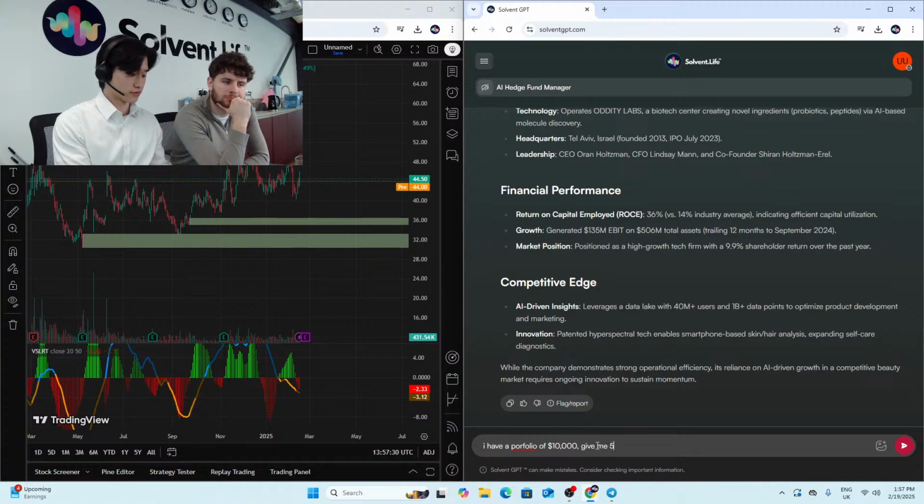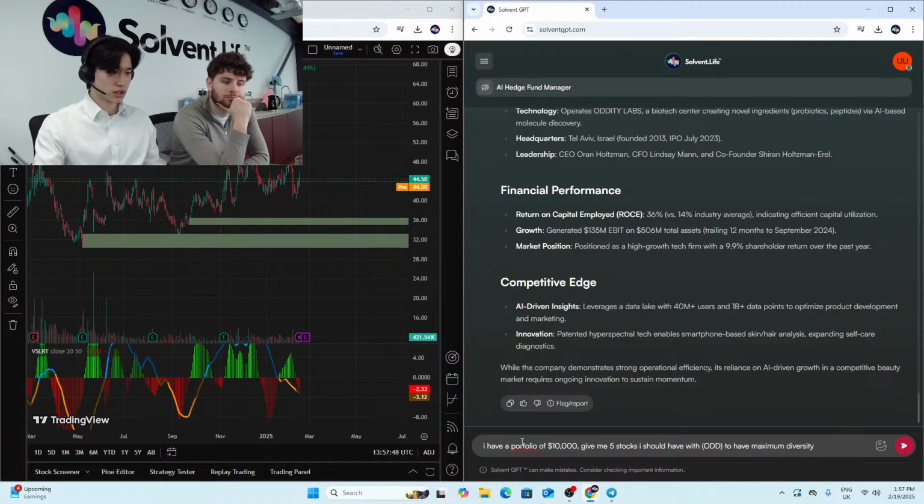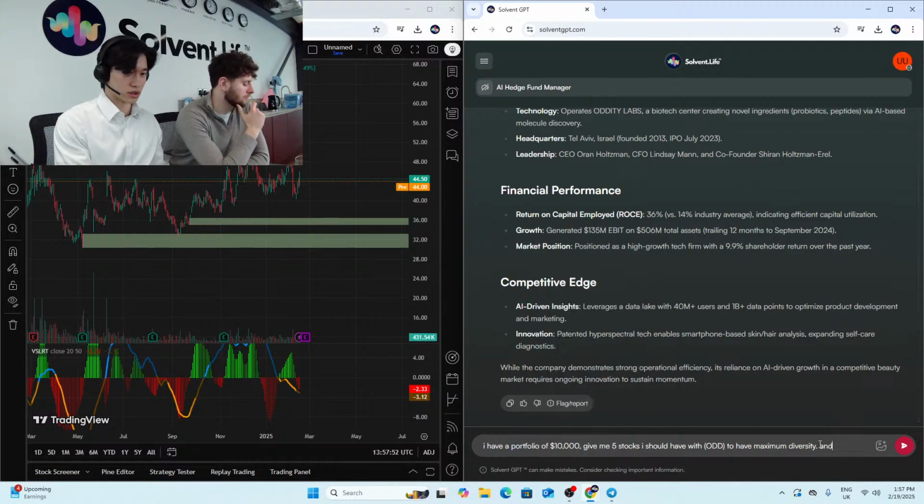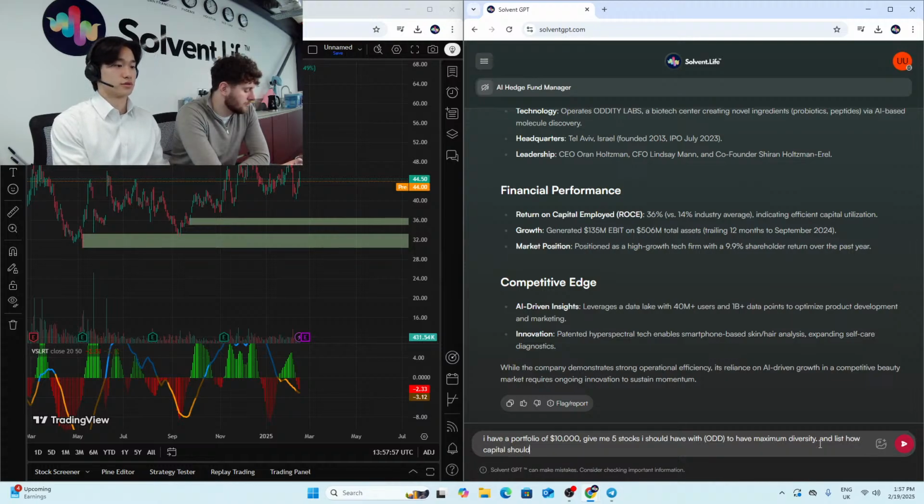Give me 5 stocks I should have with Oddity to have maximum diversity, and list how capital should be allocated.